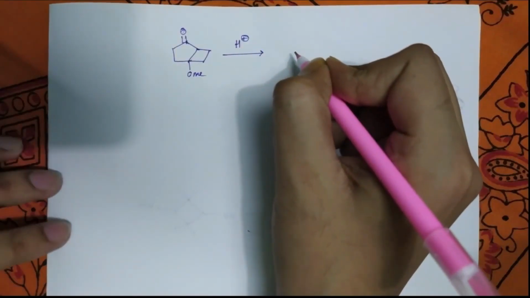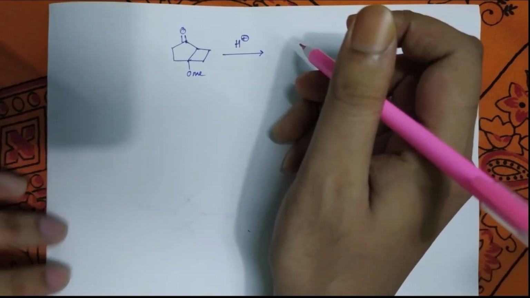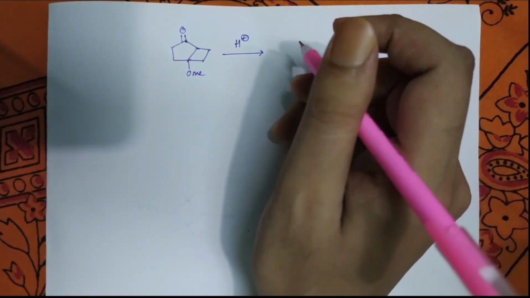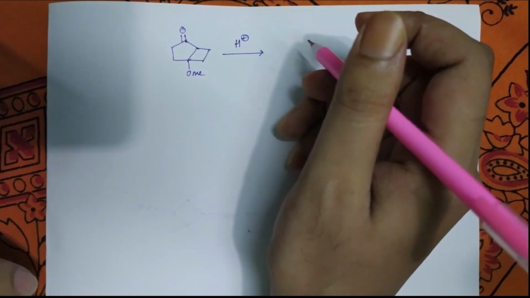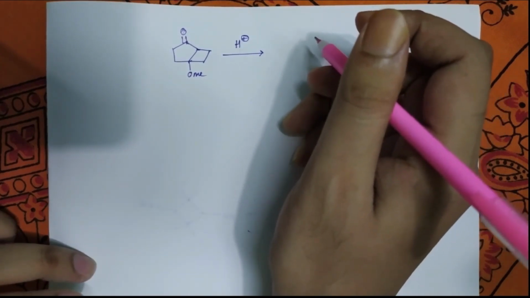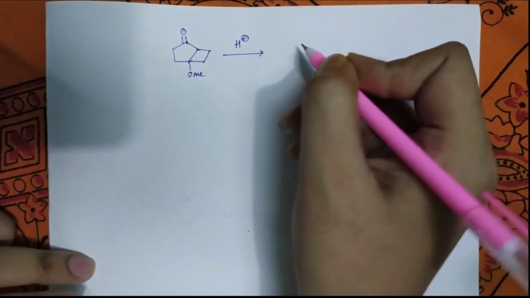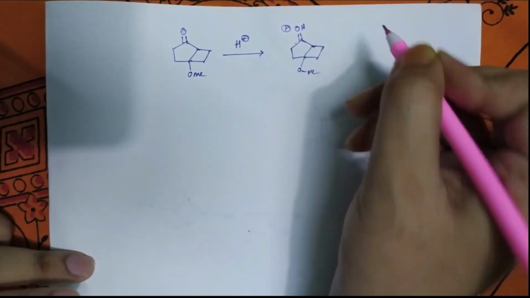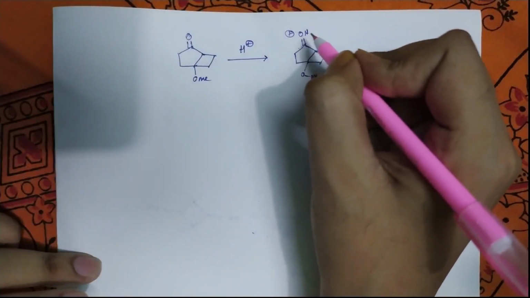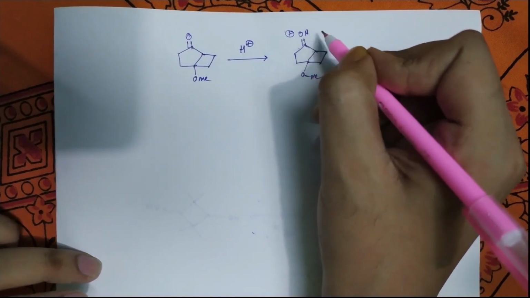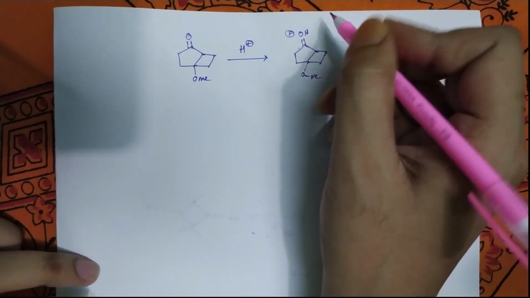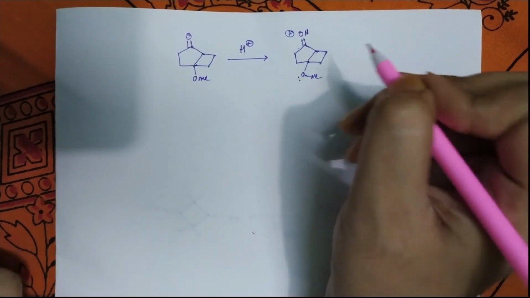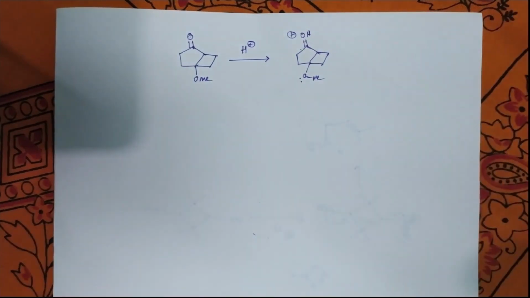Now the next starting material is reacted with an acid. We all know that here a carbonyl group is given, so the acid first protonates that carbonyl. After that the carbonyl is converted into a good electron sink. It can withdraw electron density from the ring. On the other side there is an electron donating group, which is OMe.